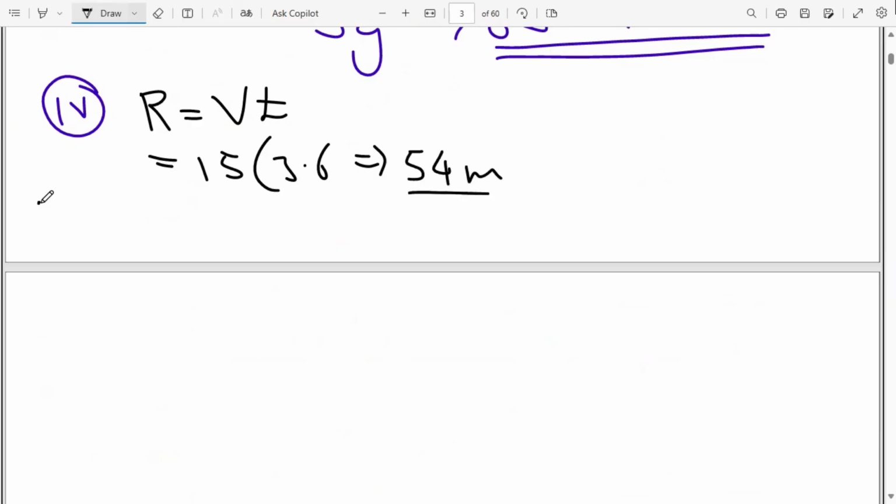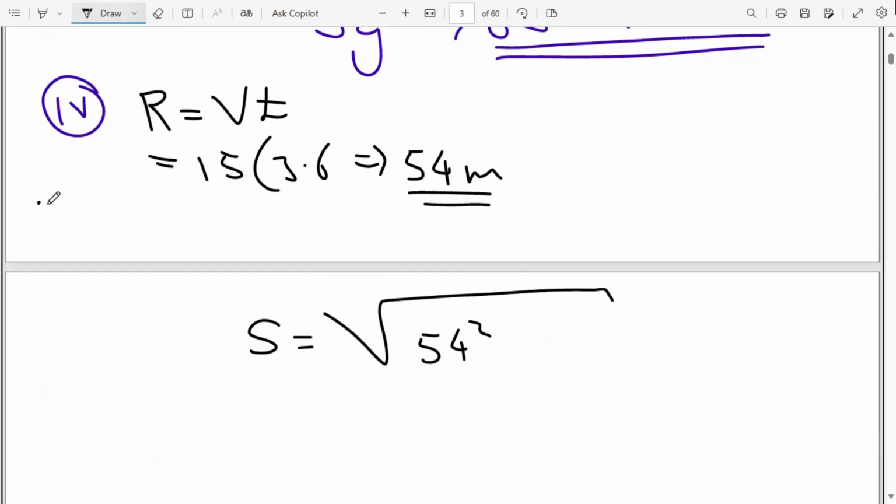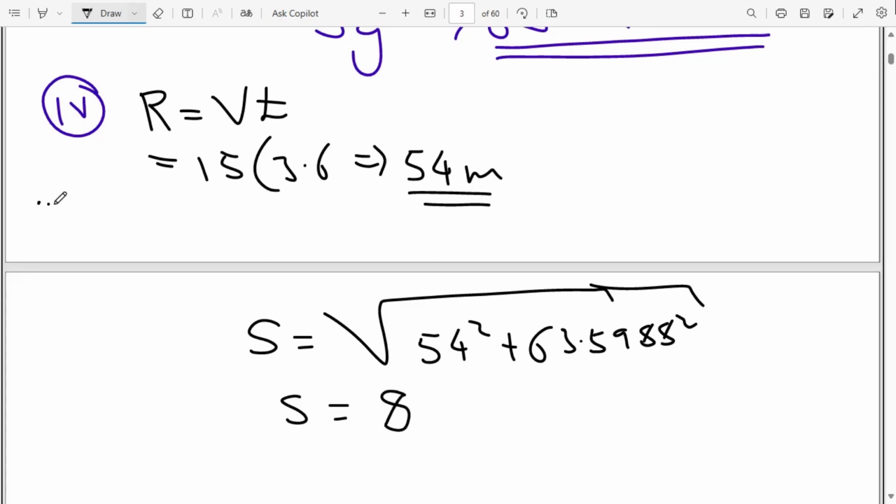54 meters as our range, and we're going to get our maximum displacement to be equal to the square root of 54 squared plus 63.5988 squared. I'll plug this the way it is in my calculator. I'm going to get a final displacement of 83.431 meters.